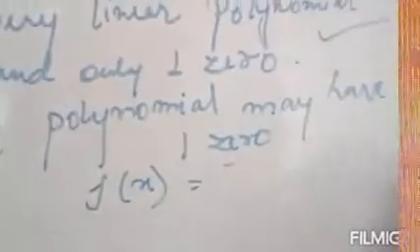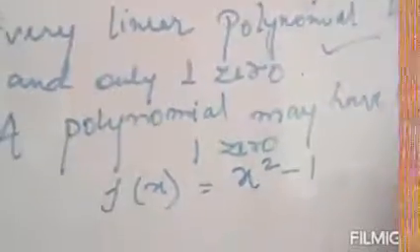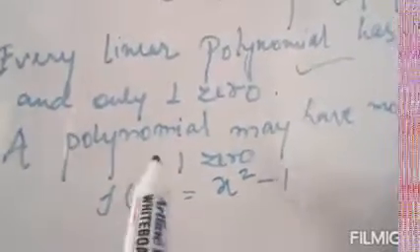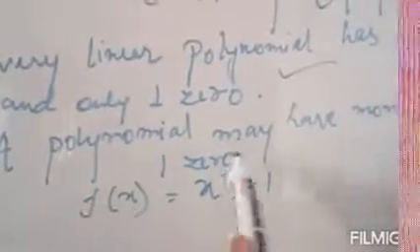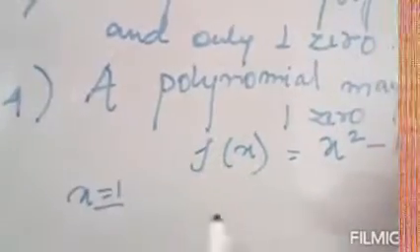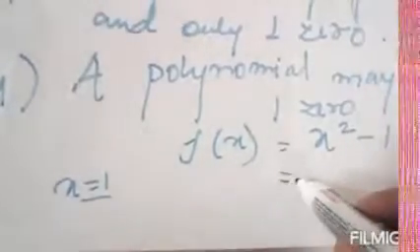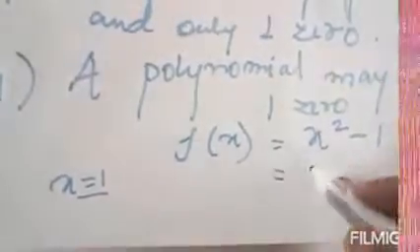Let me take a simple one, x square minus 1. Now what I need to check is that a polynomial may have more than one zero. Now see, if I take the value x is equal to 1 and substitute that value in this equation, what will be the value of this polynomial?